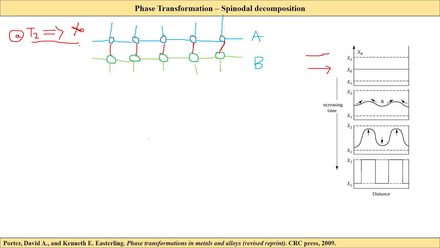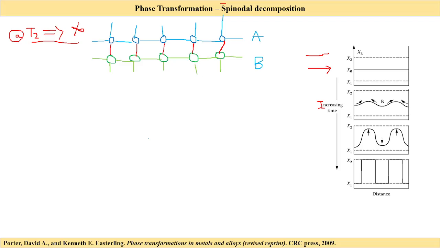If I try to maintain my sample at the temperature, if I keep my sample in the oil bath for a longer duration of time, this left diagram shows how increasing time, not increasing temperature, will affect the composition distribution.